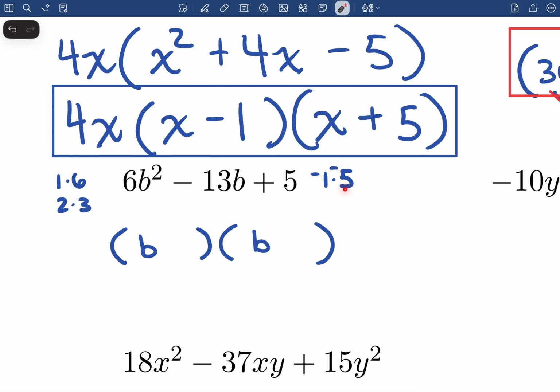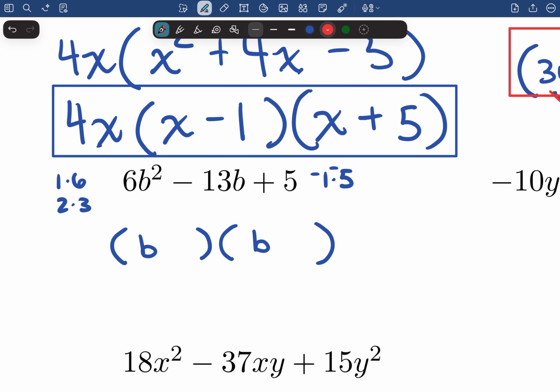But this negative 1 and negative 5 will work with one of these sets of factors to make negative 13. And I think about it for a second, and I say, well, I think I've got it. So if I took the 2 and the 3 and worked with them with the negative 1 and negative 5, that could get me my negative 13 that I want. Let me show you how that works.